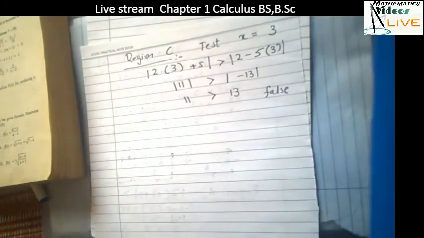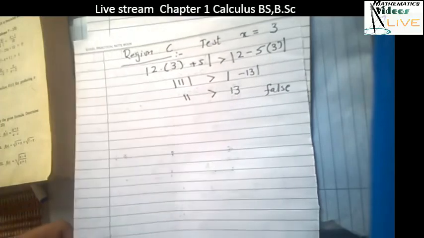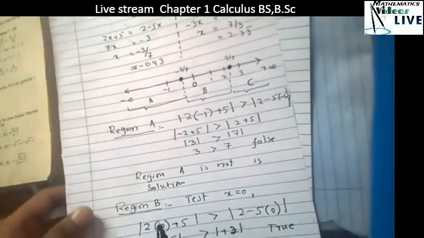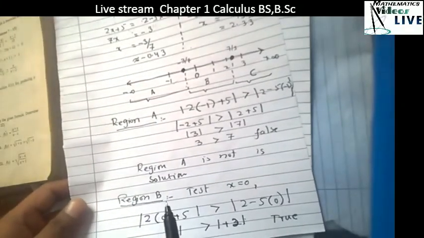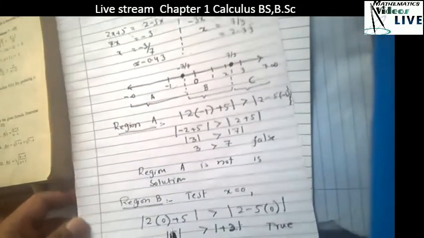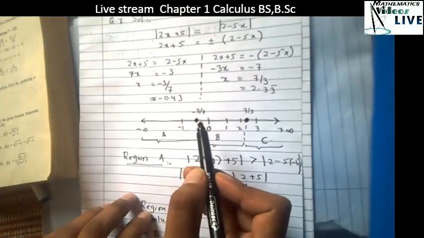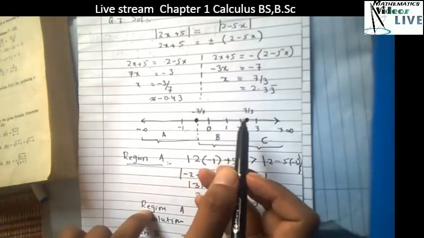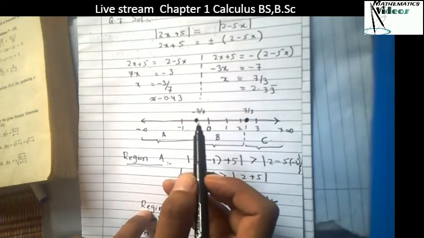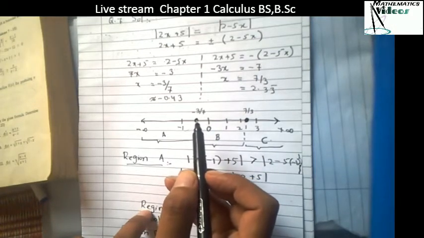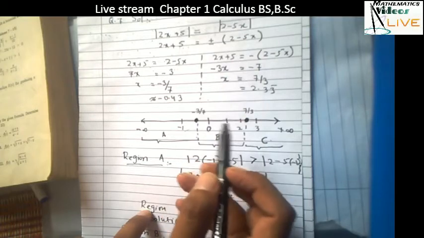This is 6 plus 5, this is 11, absolute value greater than 2 minus 15, which is minus 13, and minus 13, when taken its absolute value, becomes positive. 11 is greater than 13. This is not true, false.